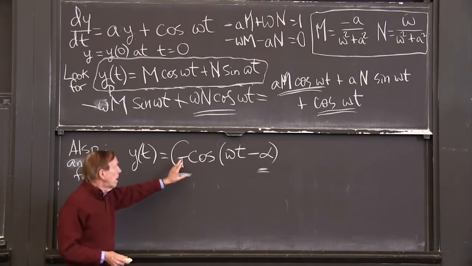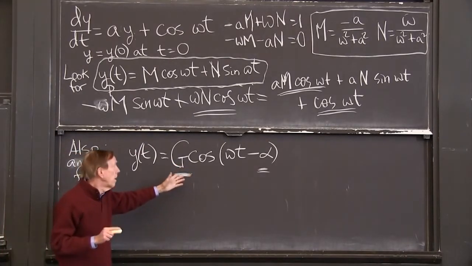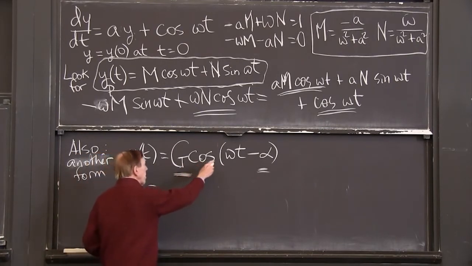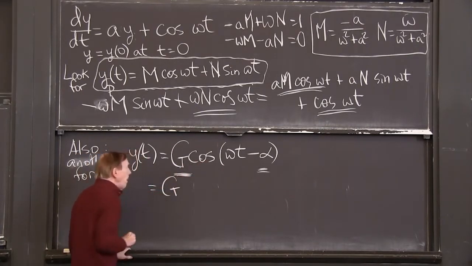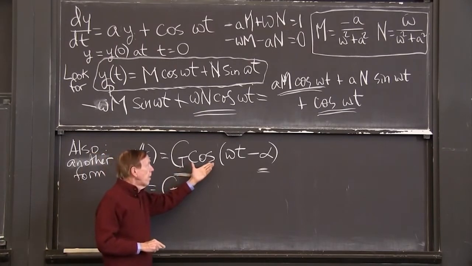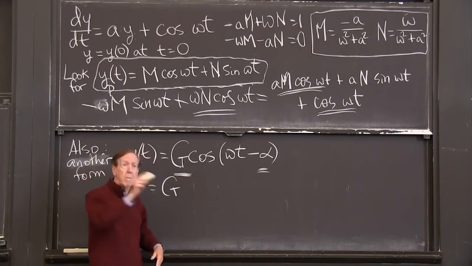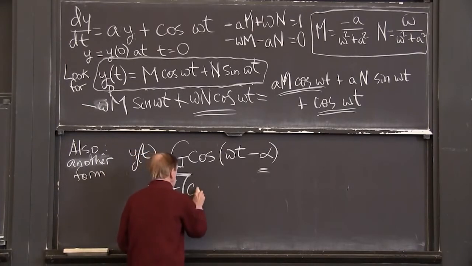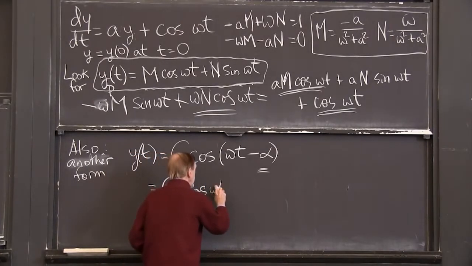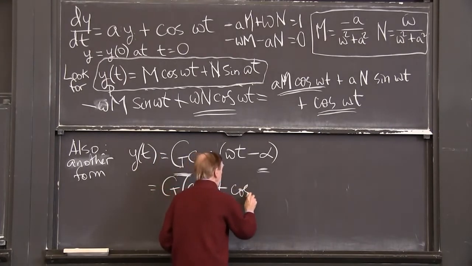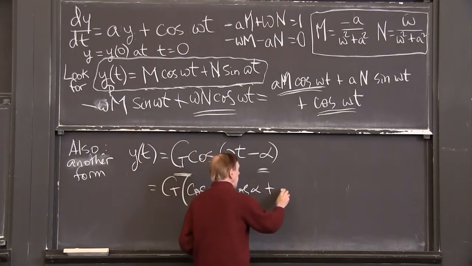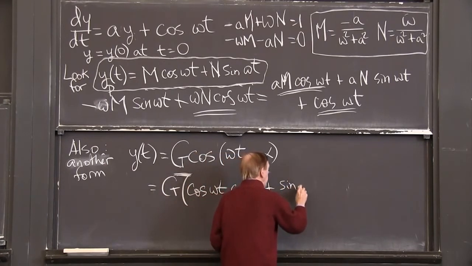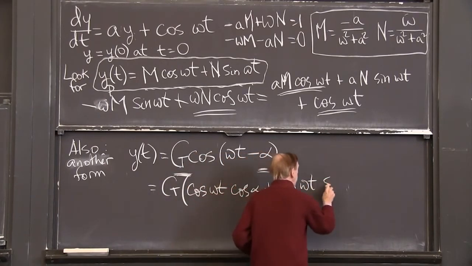So I'll use a little trigonometry here to remember that this is equal to g times... Do you remember a formula for the cosine of a minus b? The cosine of a difference is cosine of omega t, cosine of alpha, plus, it's a plus here because it's a minus there, sine omega t, sine alpha.